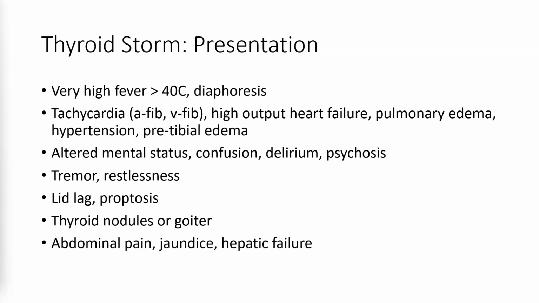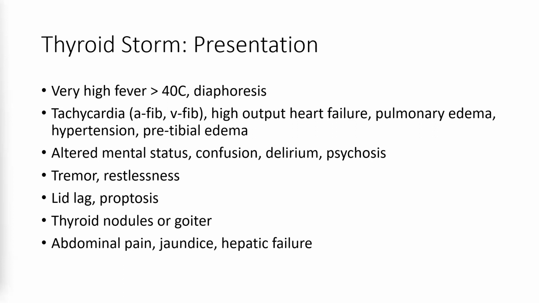The presentation of thyroid storm can come with a very high fever, greater than 40 degrees Celsius. Patients are usually diaphoretic. They can be tachycardic, up to atrial fibrillation or even ventricular fibrillation. You can have something called high output cardiac heart failure, where your heart has a good ejection fraction, but it's not pumping as well.